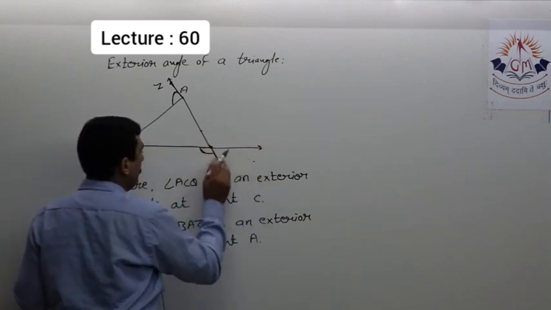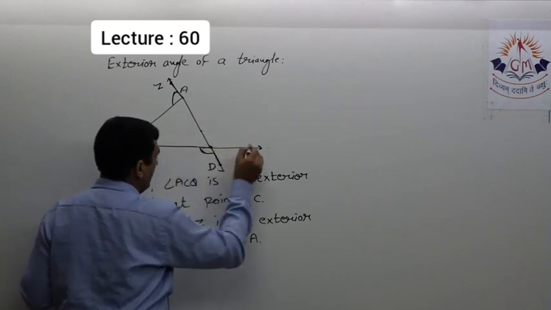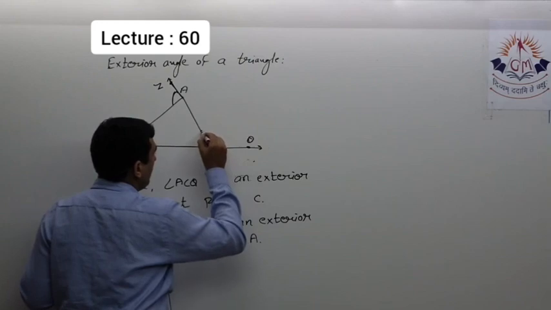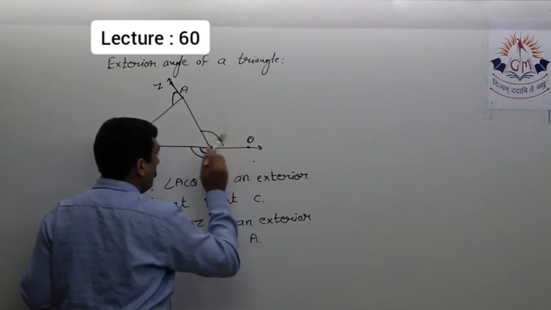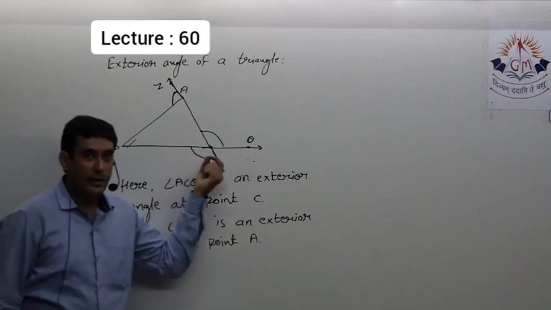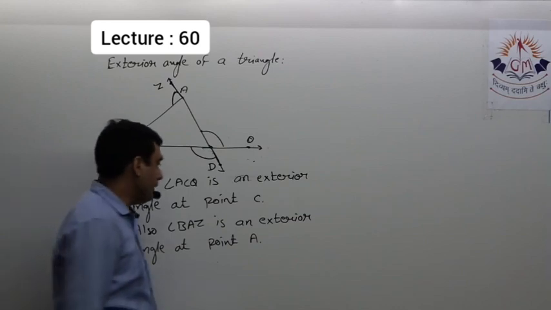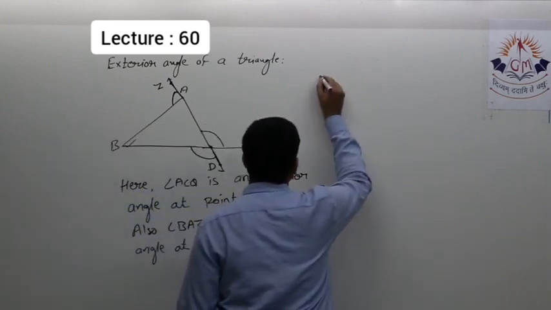Either this angle BCD or this angle ACQ is an exterior angle, and one thing more, these two exterior angles are equal. So at each vertex of a triangle there are two exterior angles which are equal to each other. You can take it as a note.